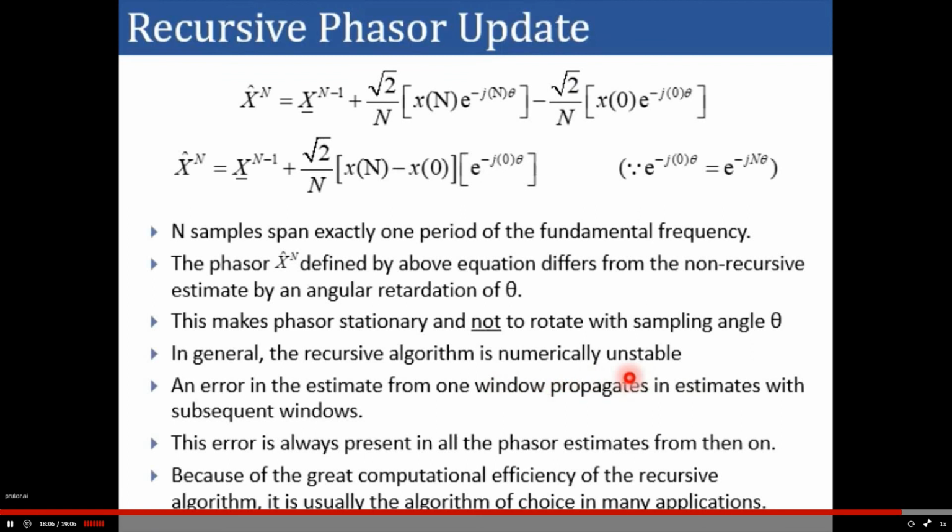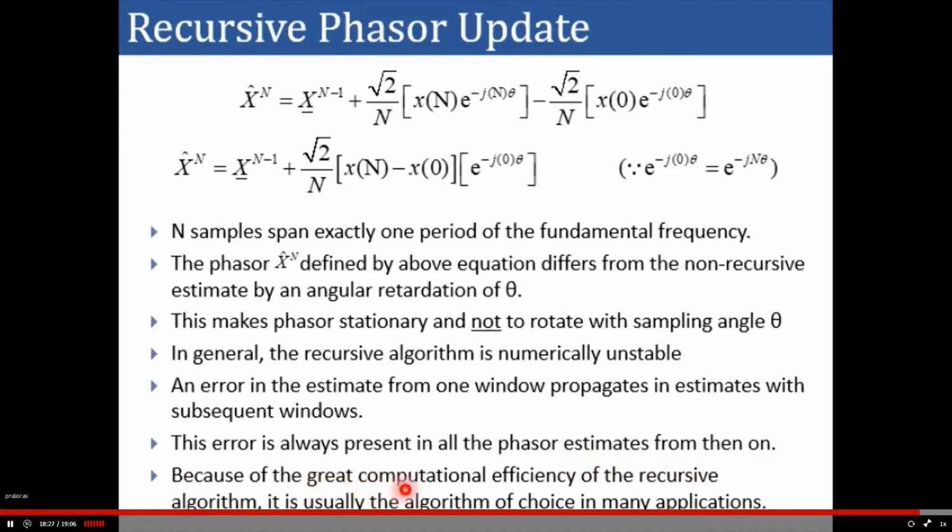So from window to window, if we estimate the phasor using recursive update, the error will keep on propagating. Because of that, this error will always be present in all the phasor estimates we are doing from window 1 and so on.